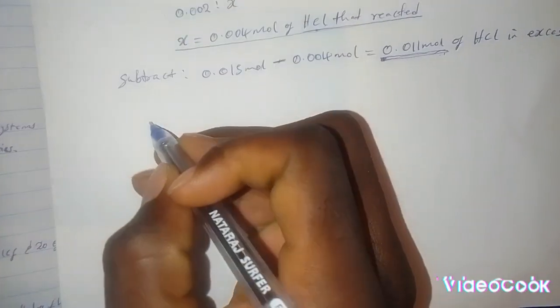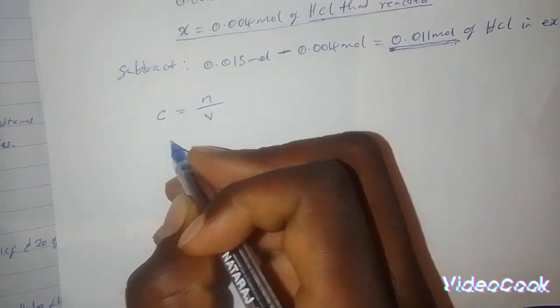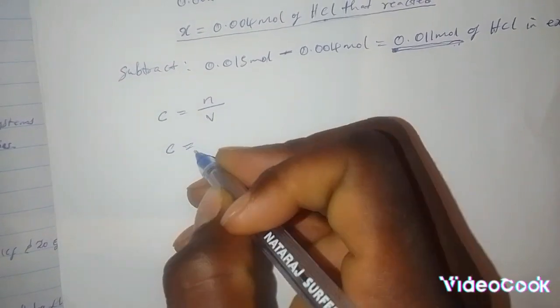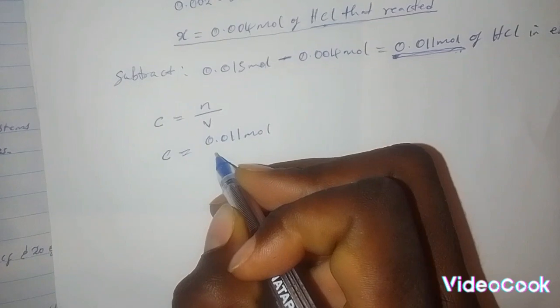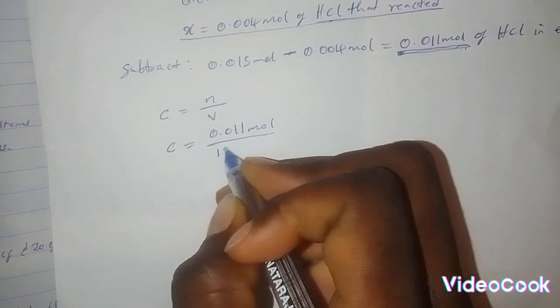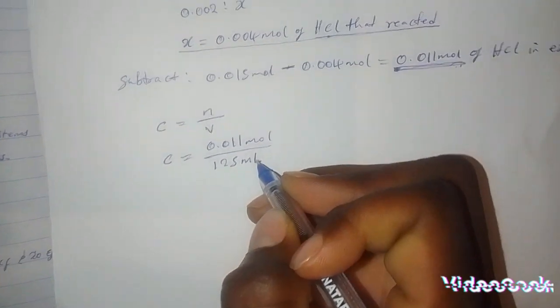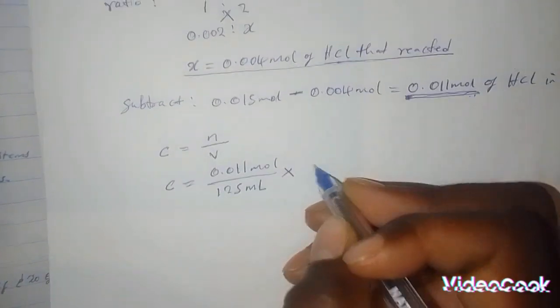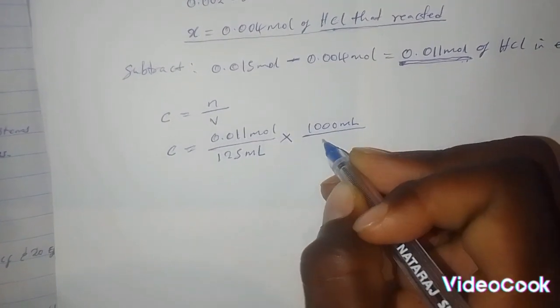In this case, we know that concentration is equal to number of moles over the volume. So concentration is equal to number of moles, which is 0.011 moles, divided by the volume, which is 125 mils. Now, this is in mils, so we have to get rid of these mils. Therefore, we'll say times 1000 mils divided by 1 liter.